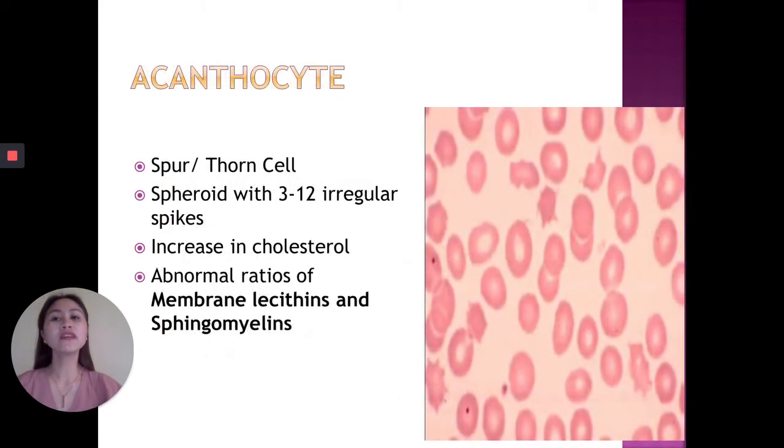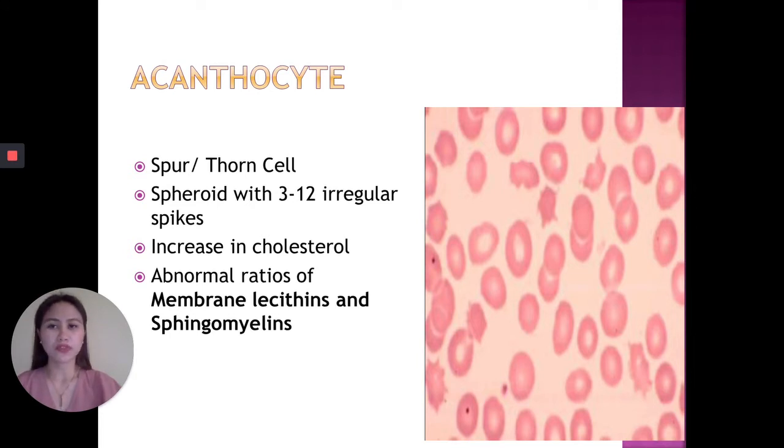So the first poikilocyte that I will be discussing is your acanthocyte. Again, take note that the following RBCs that I will be discussing in the next slides are poikilocytes.